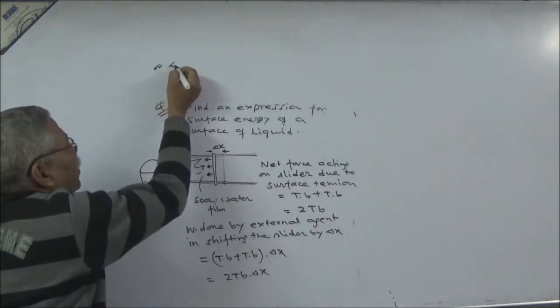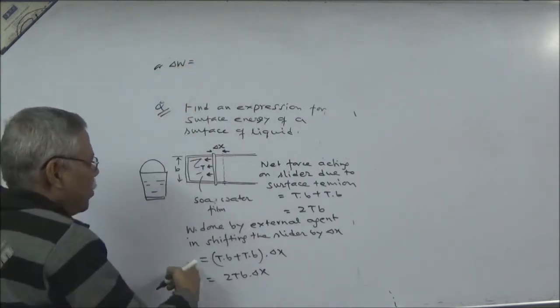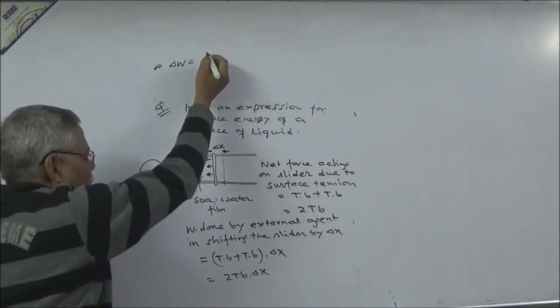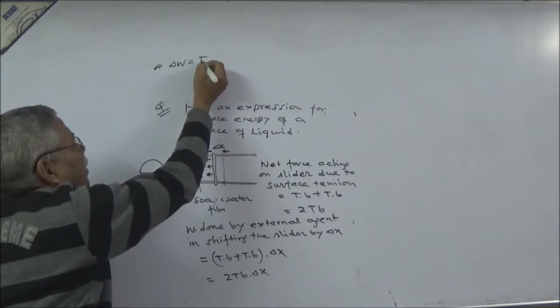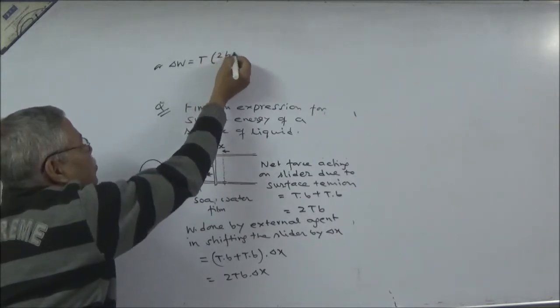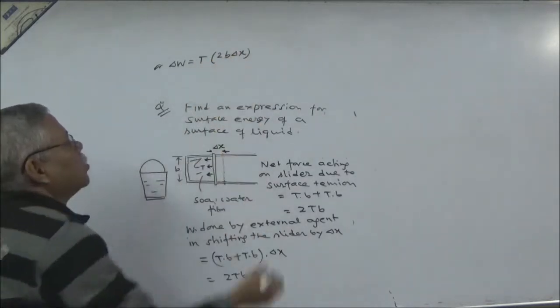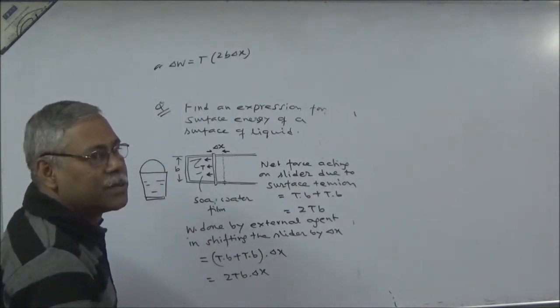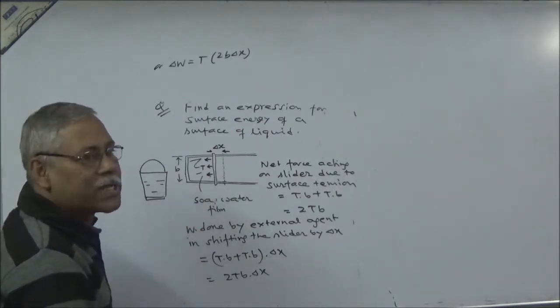Or del W, work done is del W, equal to T into 2B del x. What is B into del x?